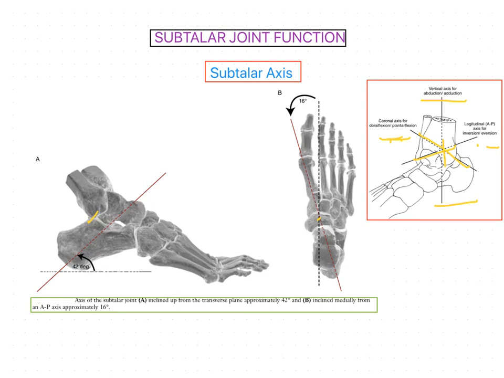But in most individuals, they have found that the subtalar axis is inclined 42 degrees upward and anteriorly from the transverse plane.